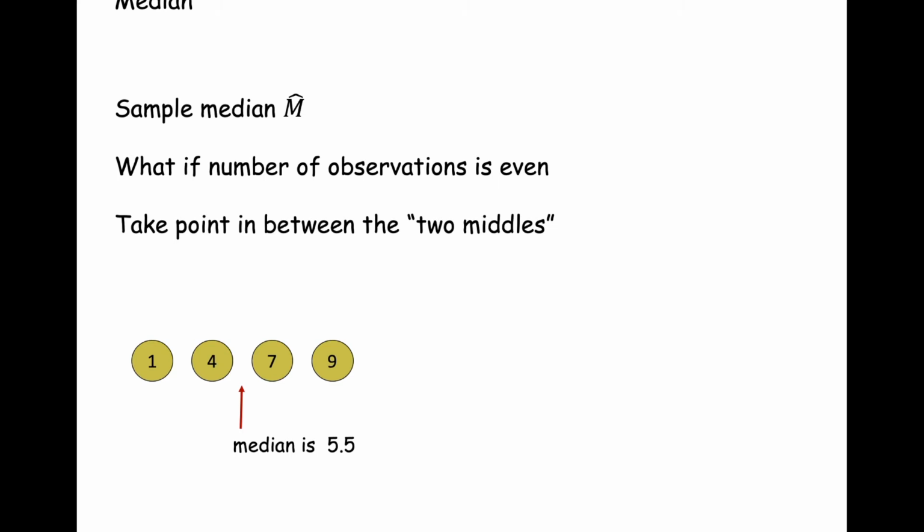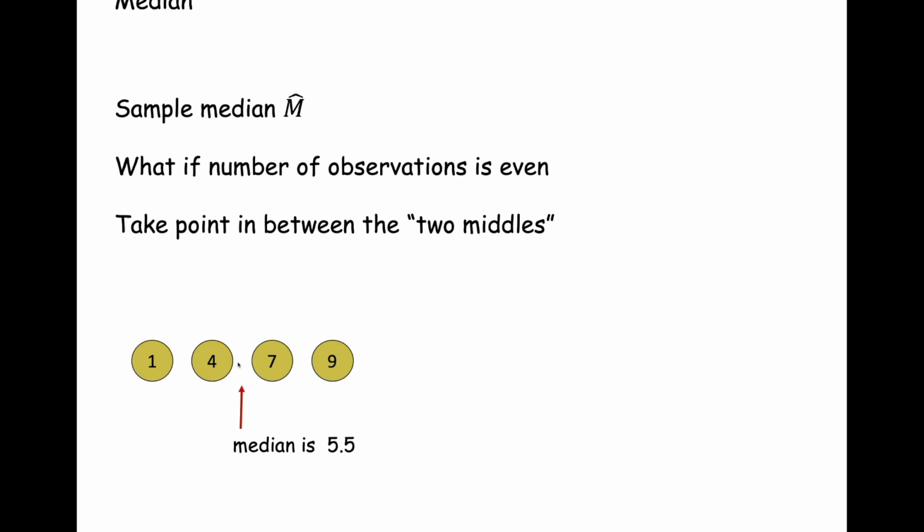Here, 4 and 7 satisfy the sample median, at most 2 preceding, at most 2 exceeding, and we take the midpoint between the two middles. So here we have 4 and 7, and we look at the midpoint. 4 plus 7 is 11, half of that is 5.5, so we calculate the median as being 5.5.